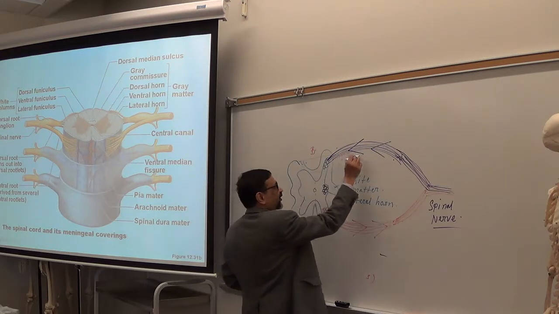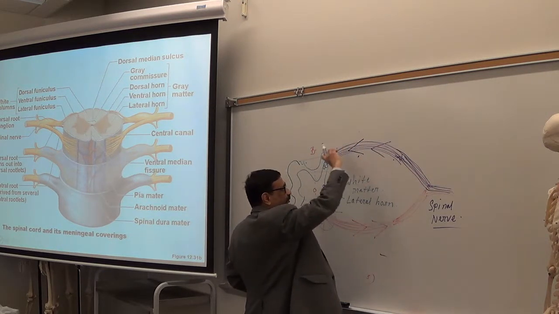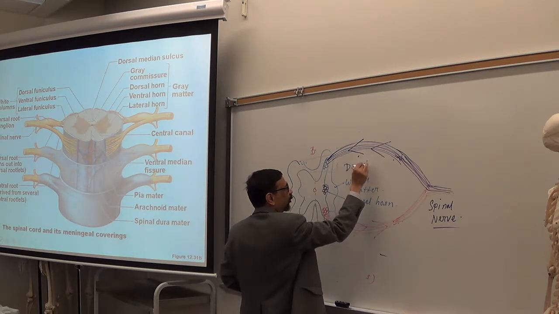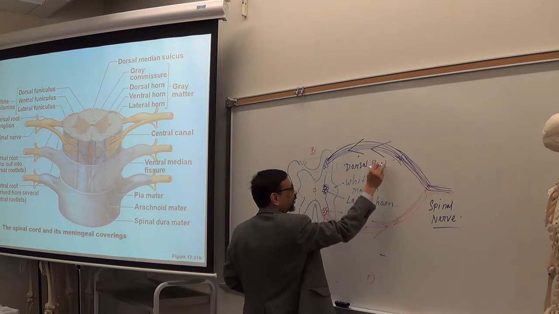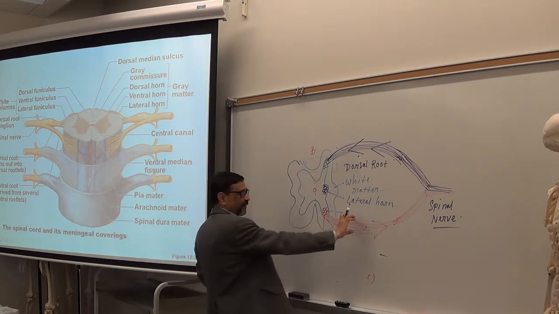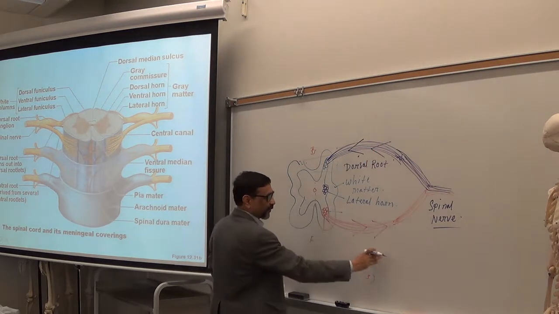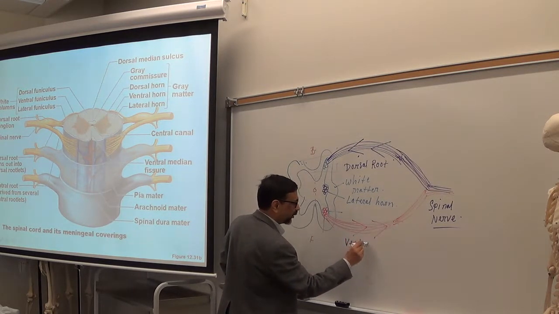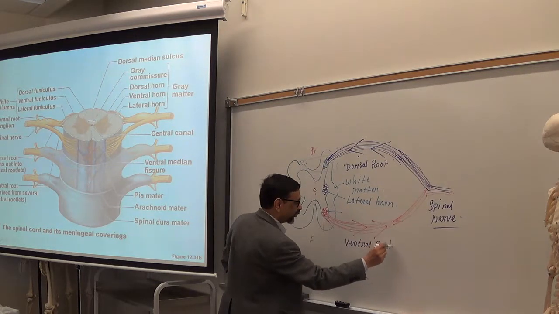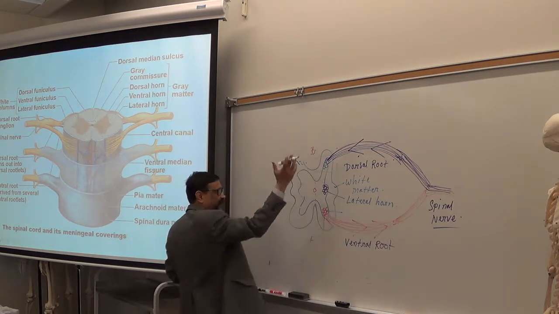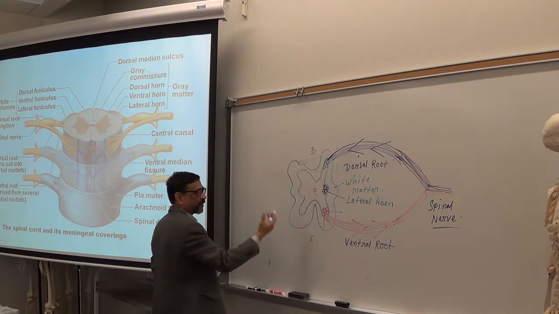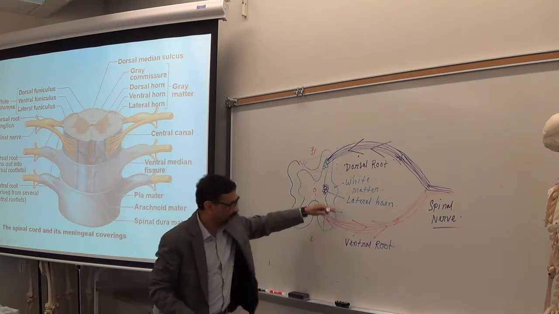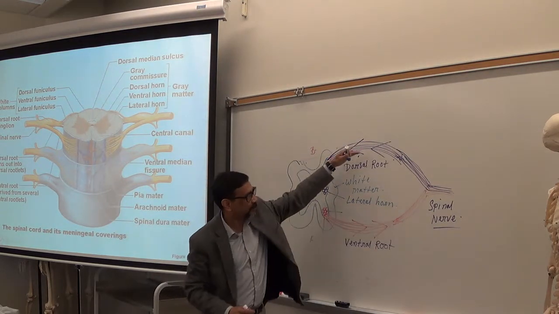Now, this bundle of sensory fibers is called the dorsal root. And this bundle of motor fibers is called the ventral root. Ventral is front, dorsal is back.